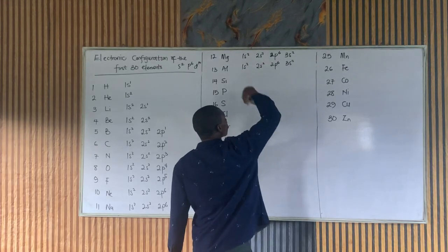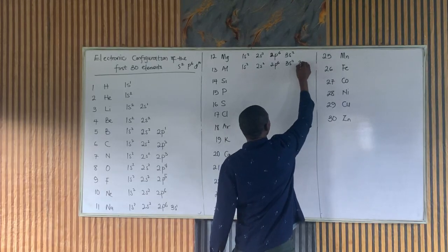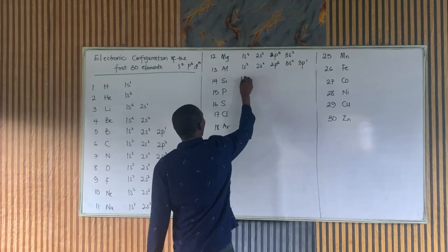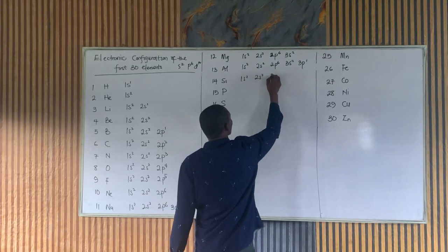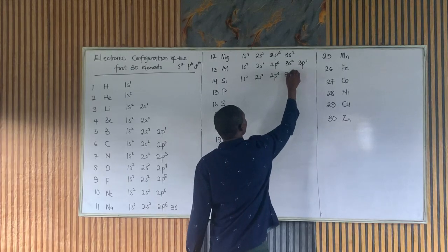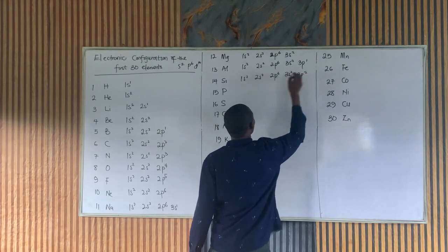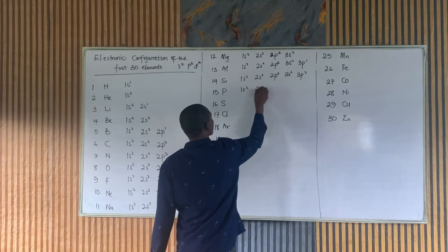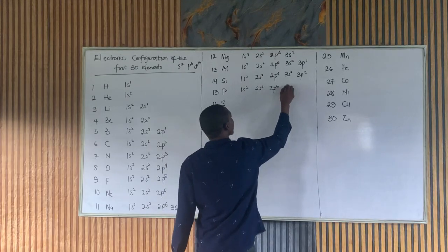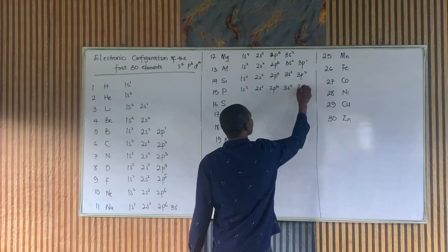So the one remaining, we move to the next one, 3p1, so 1s2, 2s2, 2p6, 3s2, and 3p1. Then 1s2, 2s2, 2p6, 3s2, and 3p2. 1s2, 2s2, 2p6, 3s2, and 3p3.